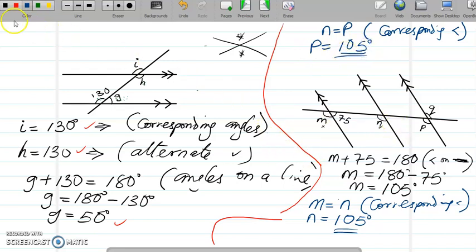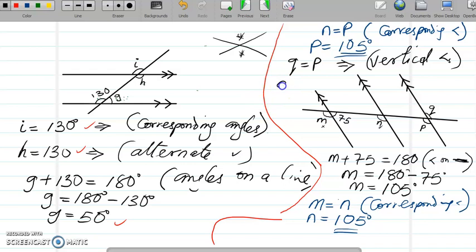Lastly, what do you have? Look at Q. Let me simply have that Q is equal to P. What is the reason? They are vertical angles. See that?